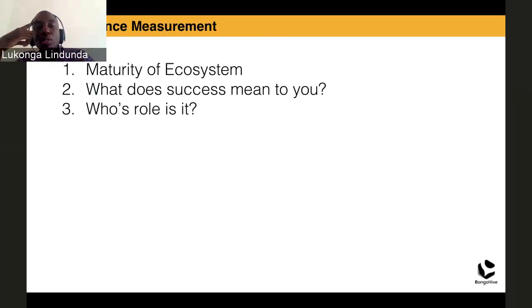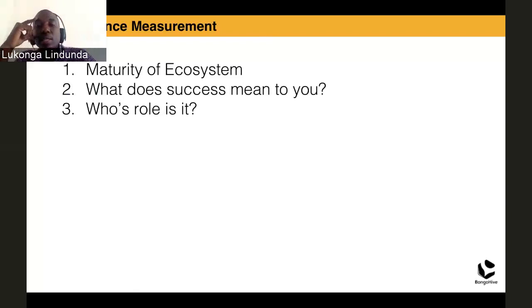So the maturity of the ecosystem is important in assessing where you are and where the others are. Whether you're looking at the top destinations, East Africa, West Africa, and South Africa, Nigeria, Kenya, and South Africa, it's important to understand what is happening in those economies, so that you don't end up copying and pasting something that doesn't work.